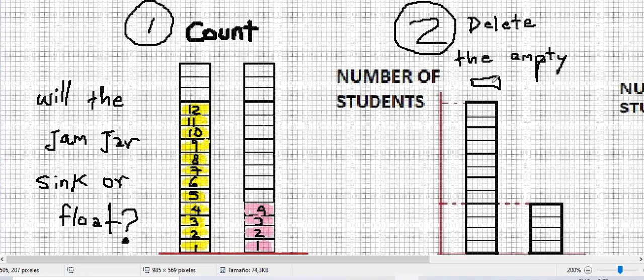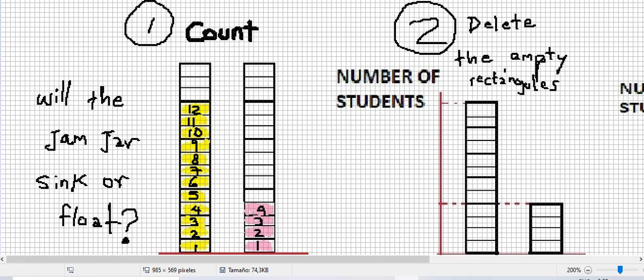Okay, the empty rectangles. Sorry for my letters. Now we have here the same picture. Station number two is the same as station number one.